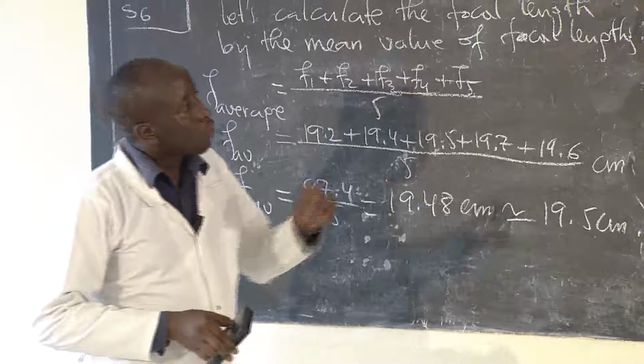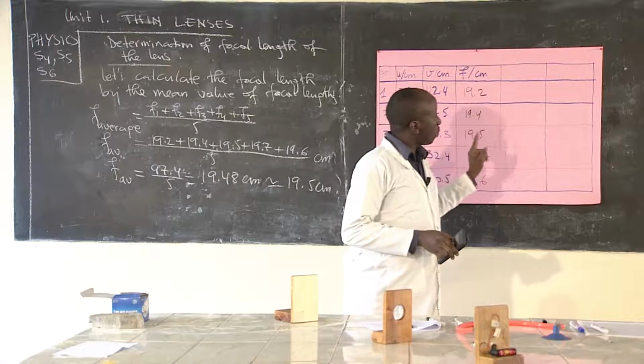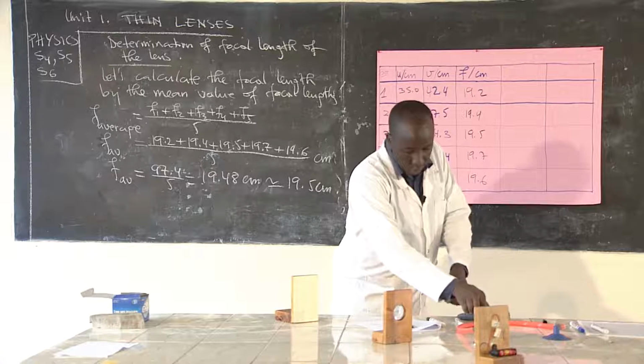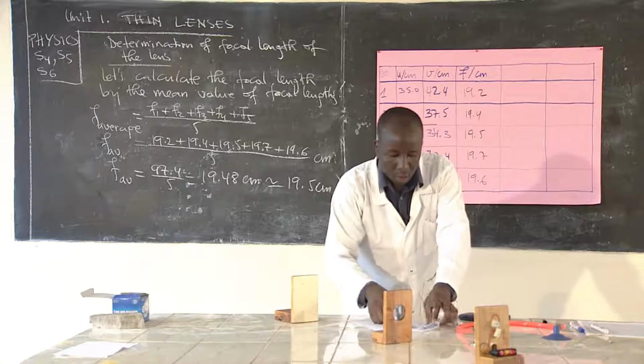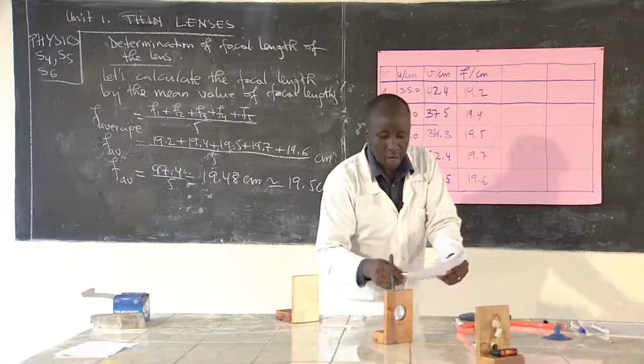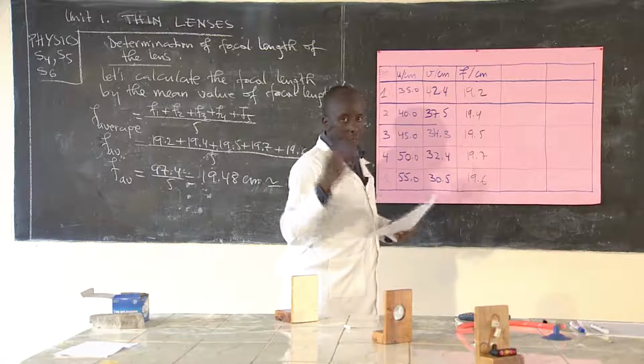Now, let's continue to analyze more about this data, but by using the graph. Number one, let's have from the procedure that I gave you the last time that we have used.